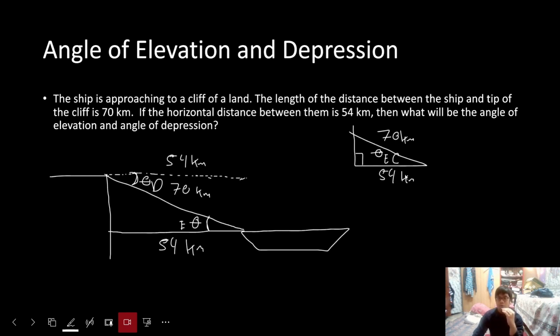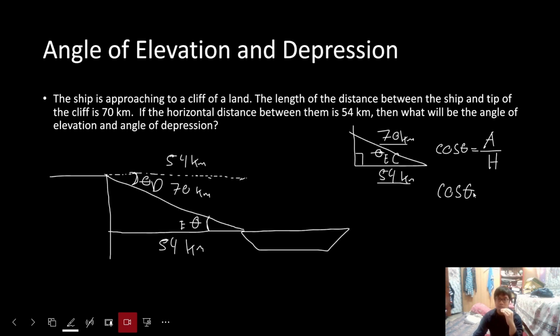Now, we're going to find the angle here. I'm just going to go directly to the point because we had some practice in the previous video. Here, we have a hypotenuse and an adjacent. So what trigonometric ratio are we going to use? We're going to use cosine theta. Cosine theta is equal to adjacent over hypotenuse.